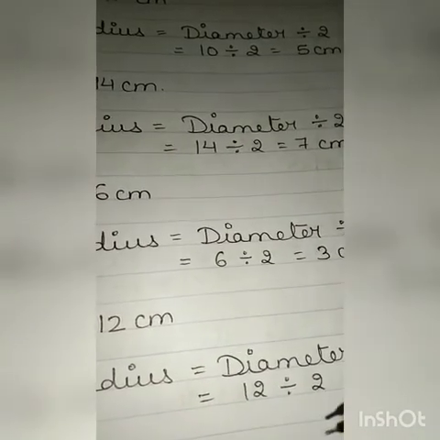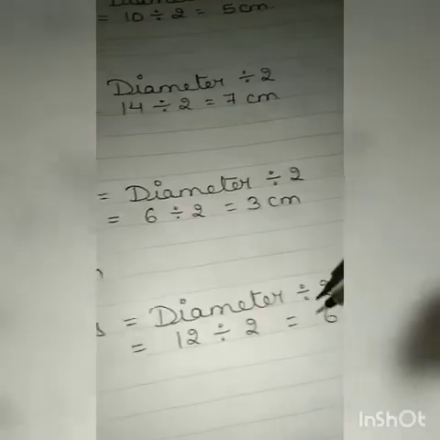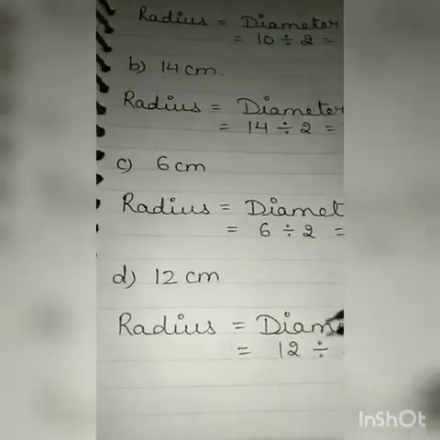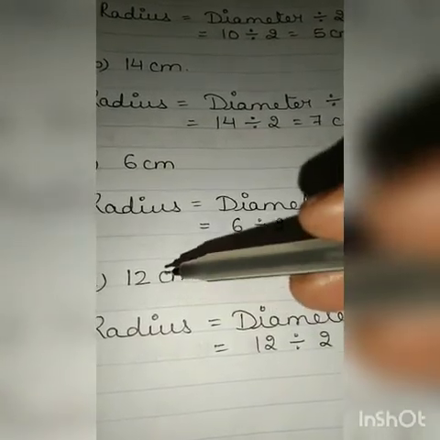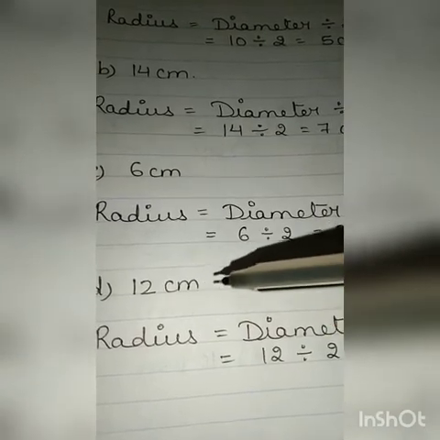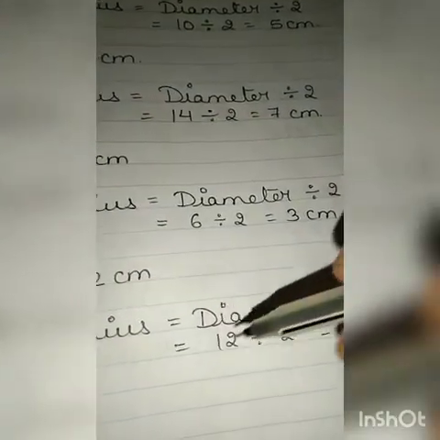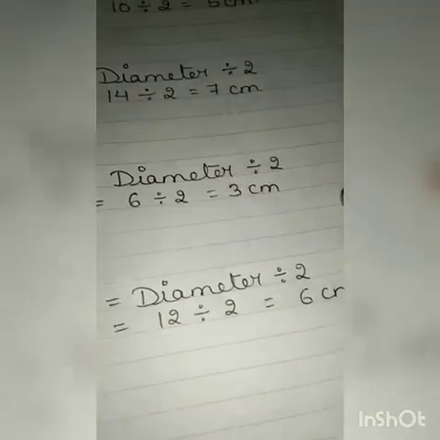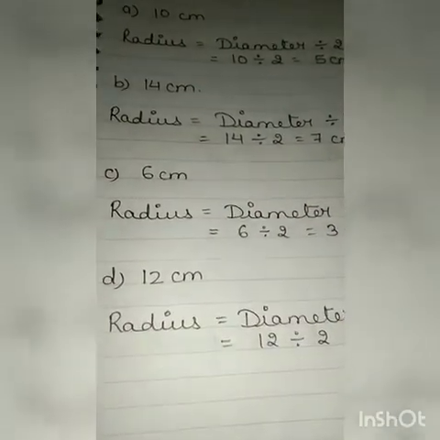Clear? So in the table of 2, 12 comes 6 times. So 6 centimeter is the answer of question number D. Diameter is full length, it is 12 centimeter, and radius is just half of the diameter. So half of 12 is 6. 6 2s are 12. So 6 centimeter will be the answer of question number 4.